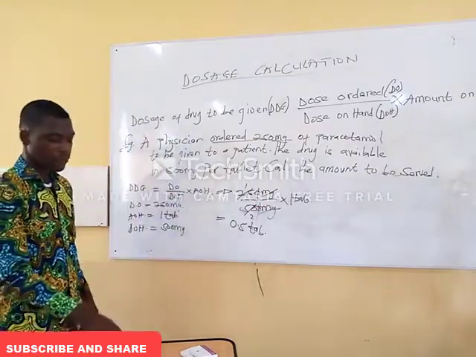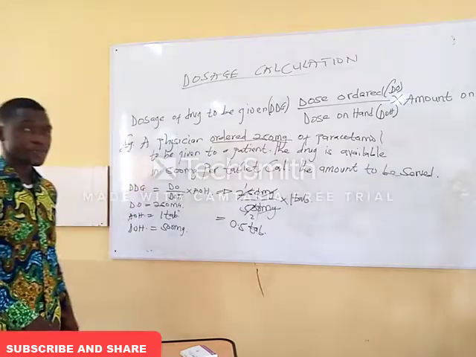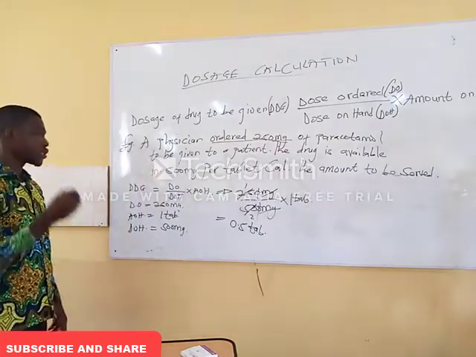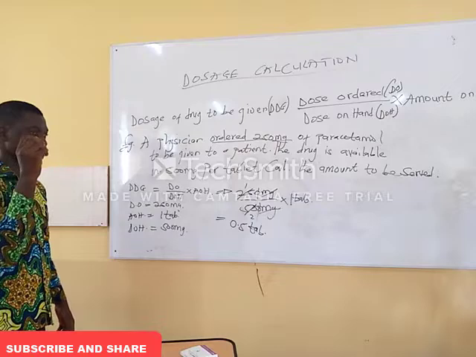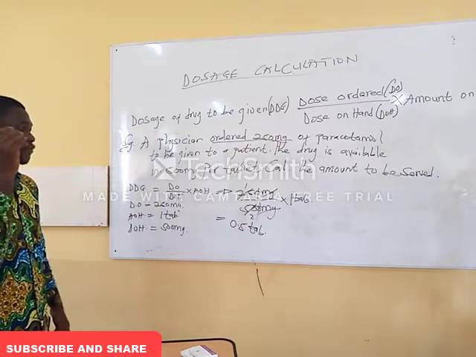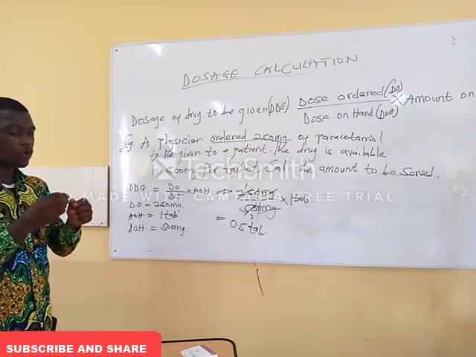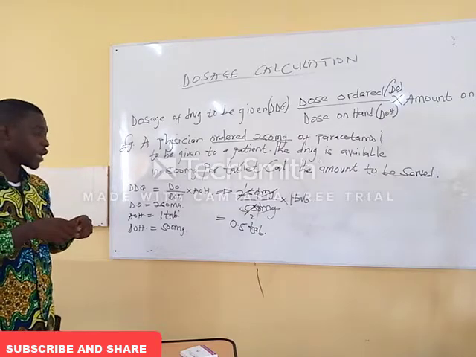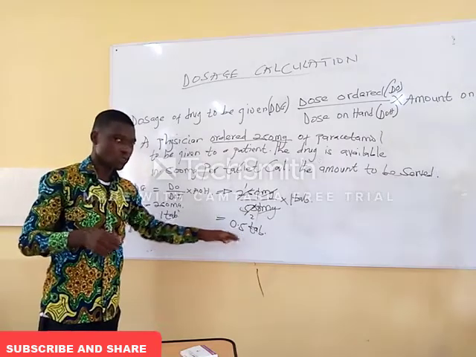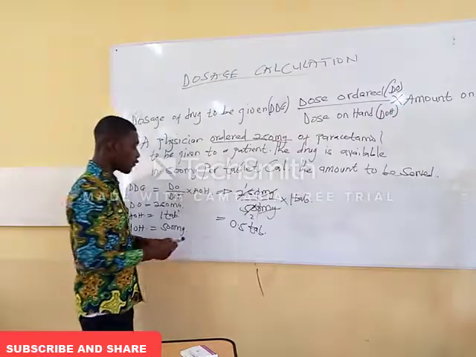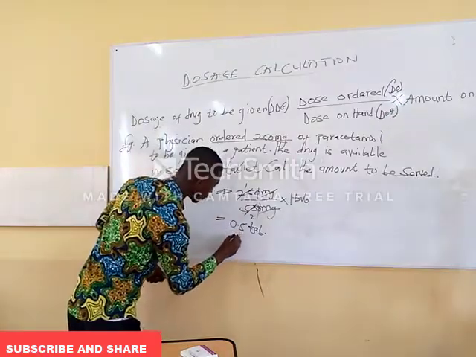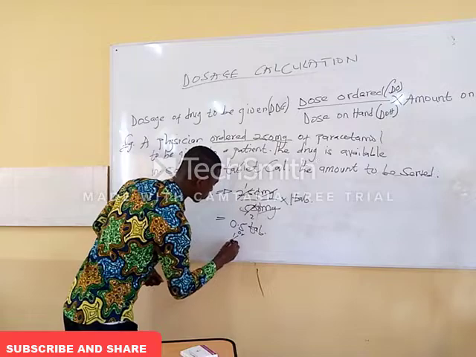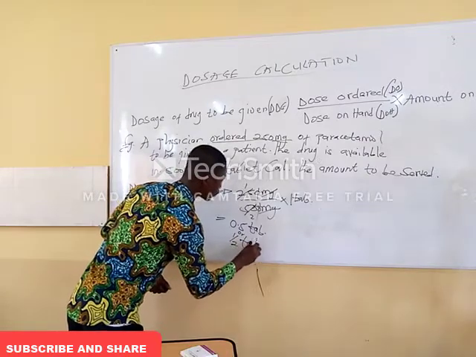So let's say if you take this PMOL, which one of it contains 500 milligram, that means you are going to divide it into 2. So half of it, 0.5, is the same as half tab.